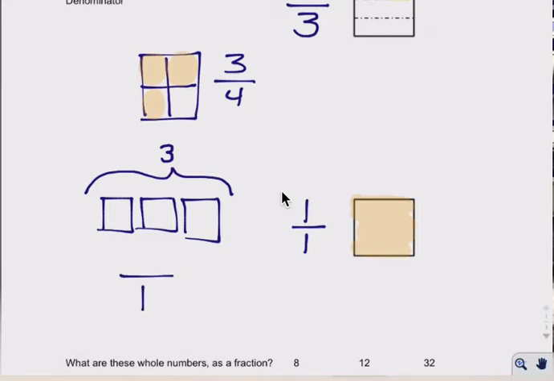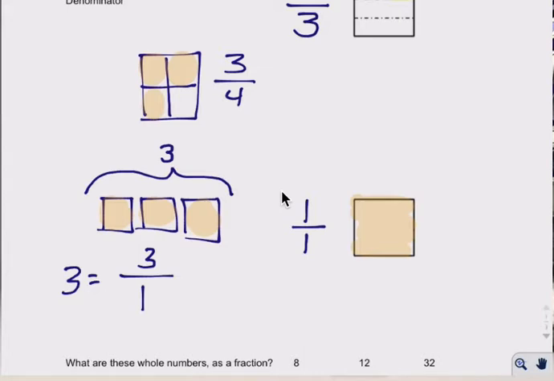And then if we said, well, we're referring to all 3 wholes, then we're talking about 3. So as a fraction, a whole number is written as that number itself over 1.